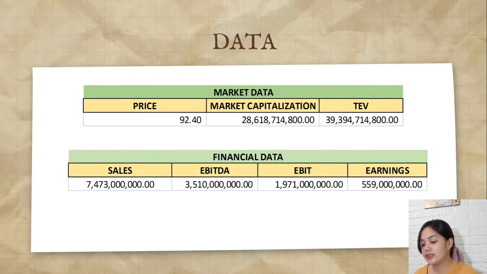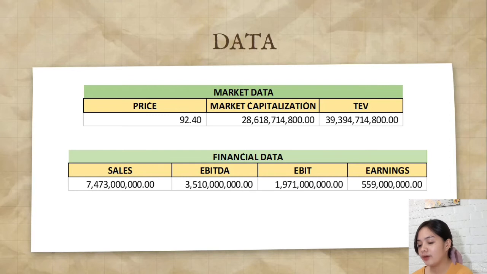Next we have our financial data, which is found in our chosen company's financial statements. It is important for the investors to know the company's ability to meet its short-term or long-term obligations.